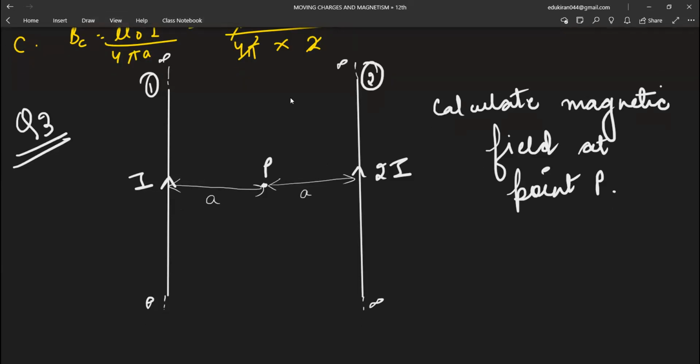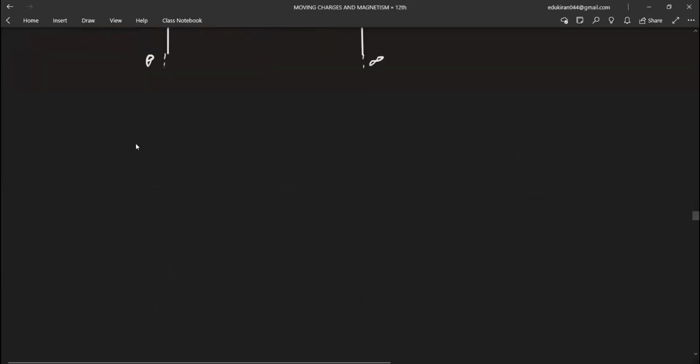In this question, you have to calculate the magnetic field at this point P. One straight wire is there, current I, infinitely long, you can see from the diagram. Similarly, the second wire has current 2I, infinitely long, and both have the separation A from the center where the calculation has to be done. When calculating the net magnetic field, this is equal to B1 vector plus B2 vector.